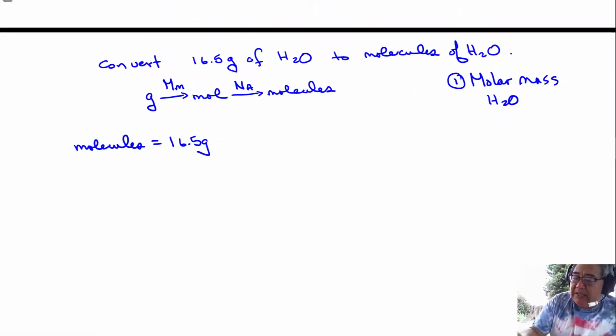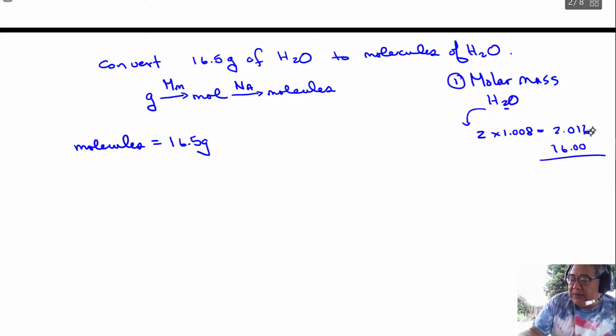So I have H2O, so I'm going to have 2 times 1.008, because that's for the 2, and then for the oxygen, and that'll give me 2.016, and I'm going to add the oxygen to it, which is 16.00.